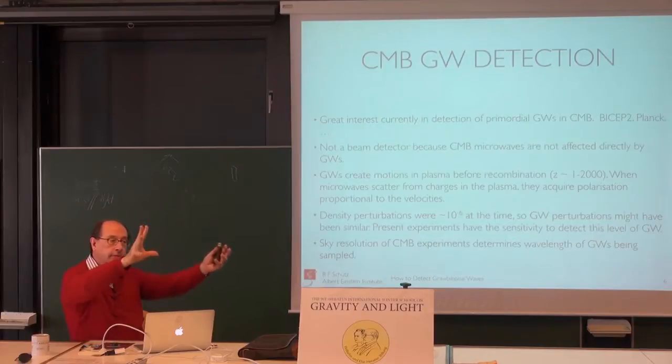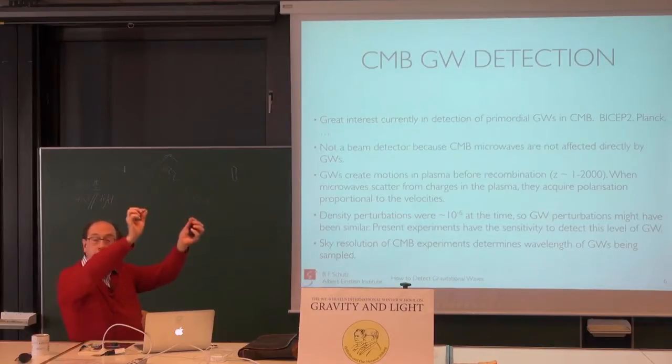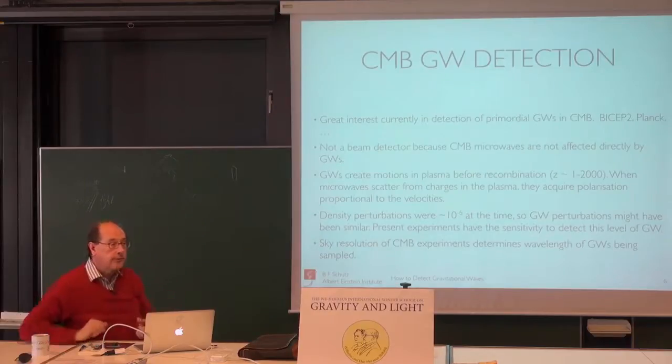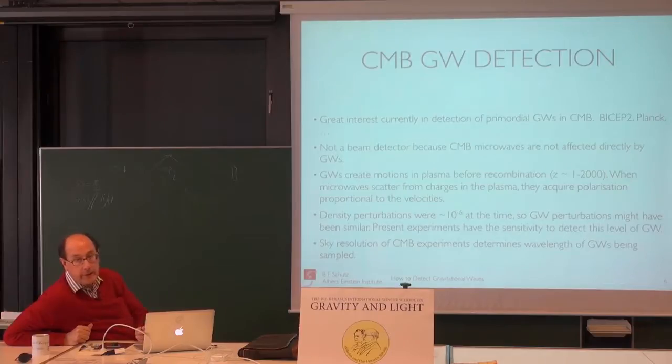So you're seeing the gravitational wave that had the wavelength at the time that fills up that angular region on the sky today. Okay. It's maybe 1,000th of the Hubble horizon at that time. That's what the wavelengths of the gravitational waves are that are selected by this method.